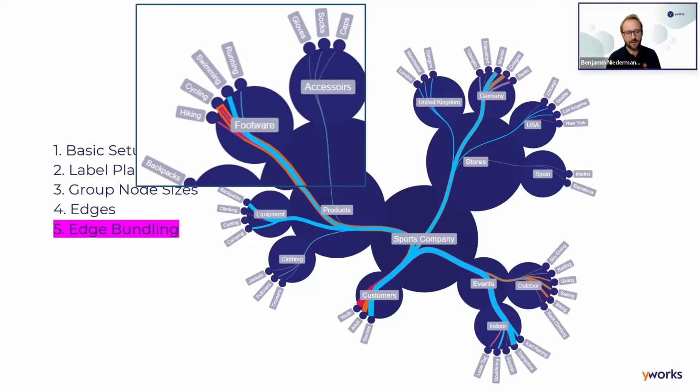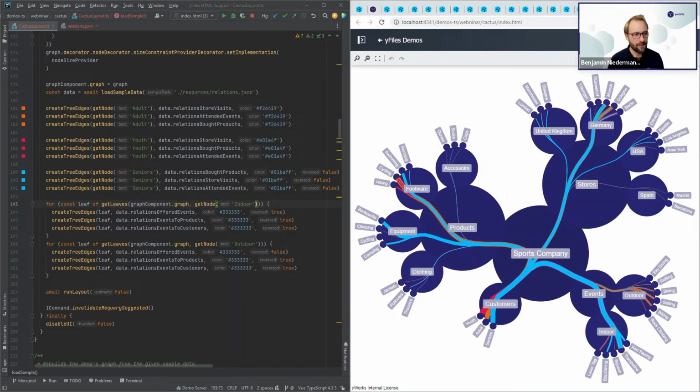And this then gives us the possibility to distinguish these groups of edges. So basically, I would like to have this tree of orange edges routed a bit differently than the tree of blue edges, for example.